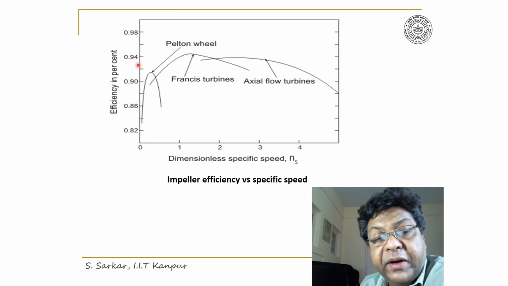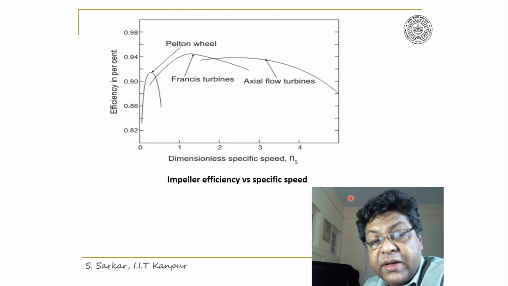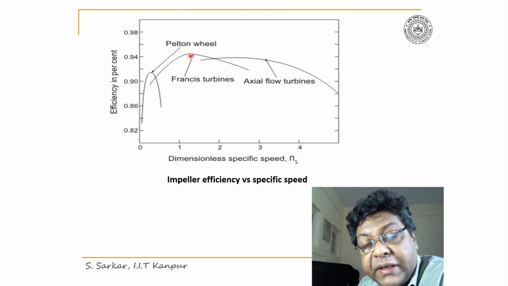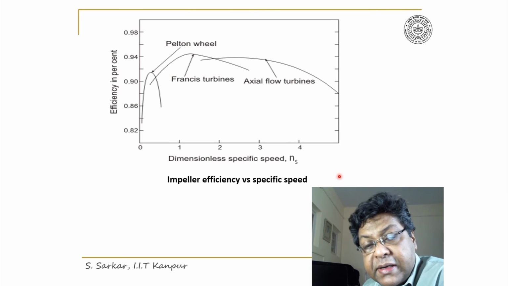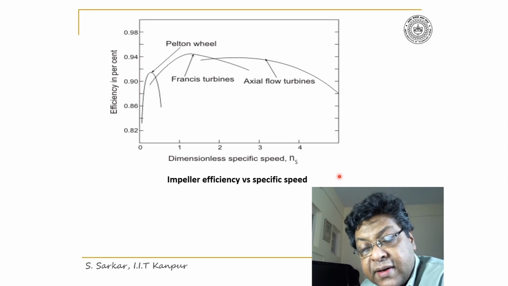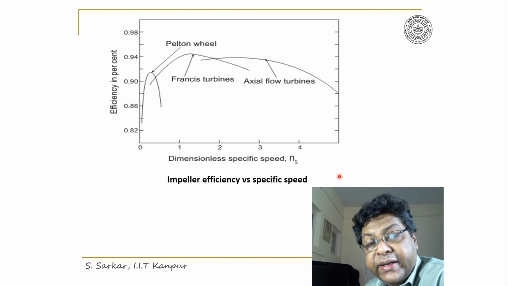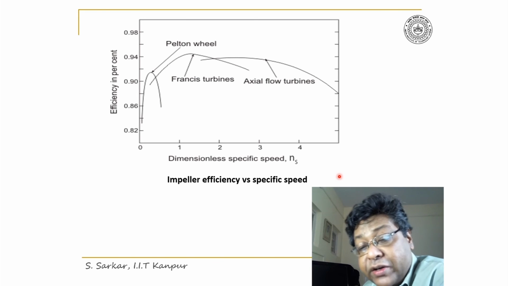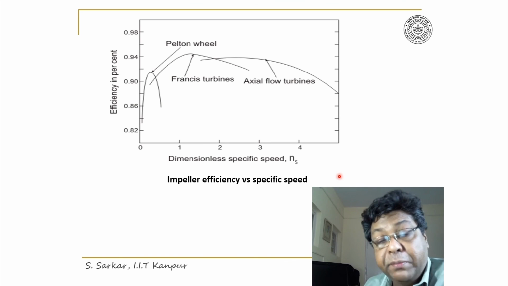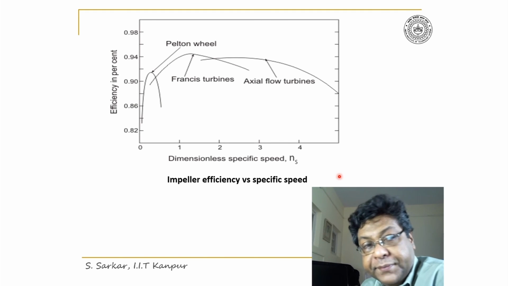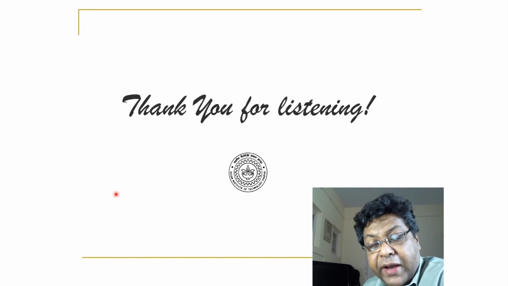Thus, with this figure, one can appreciate how the efficiency changes with specific speed, and one can further appreciate that the Francis turbine and axial flow machines maintain higher efficiency than the Pelton wheel. Thank you for listening.